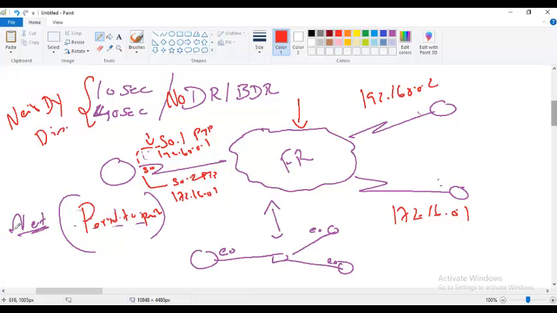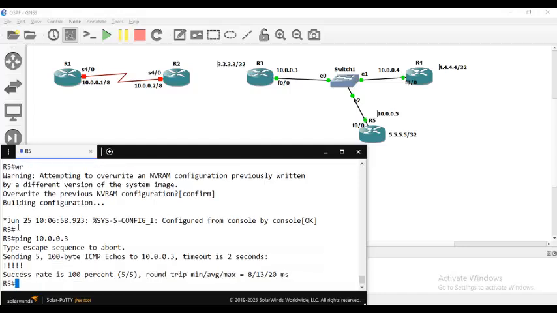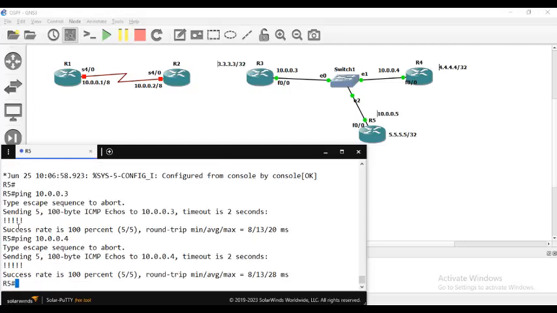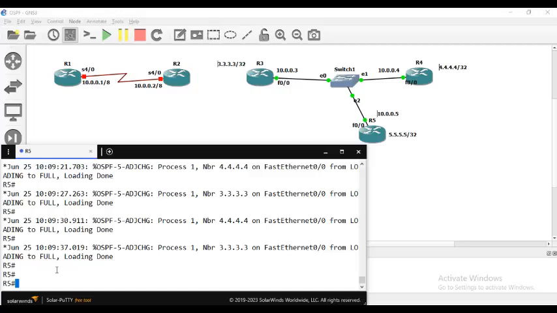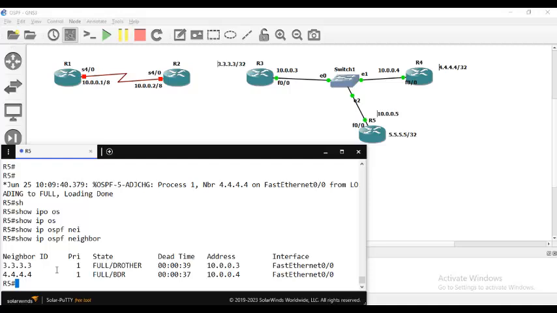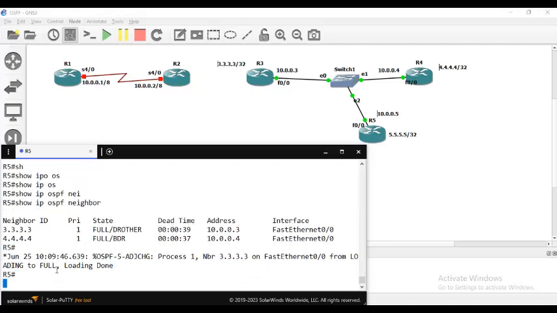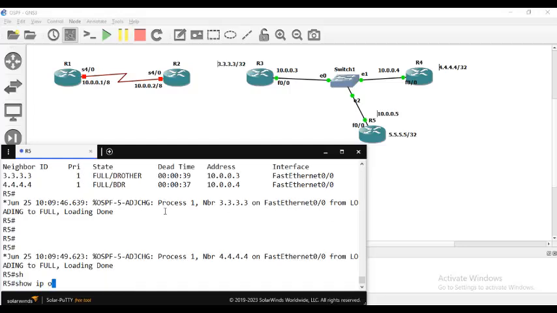From router 5, which I just added, I'm trying to ping 10.0.0.3, okay, 10.0.0.4, okay. Let's check. Sometimes if we don't have the proper subnet mask, this is a problem maker. Show IP OSPF. Yeah, but it keeps dumping it. Okay, show IP OSPF interface brief. I can see the mask here is 8.